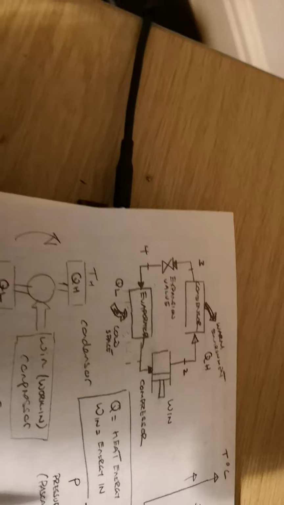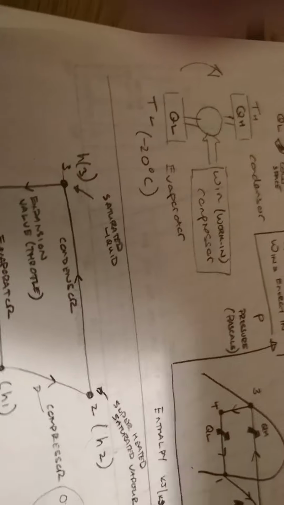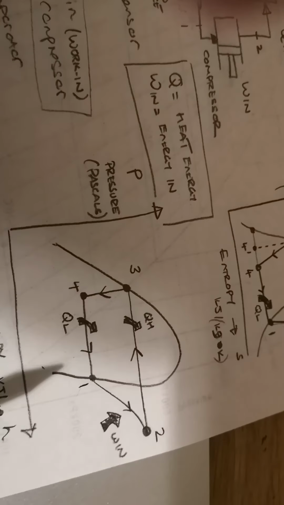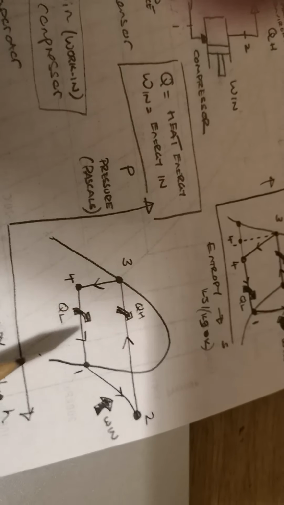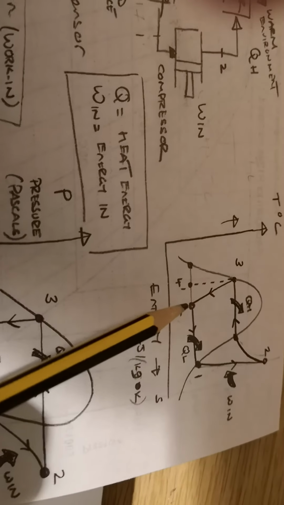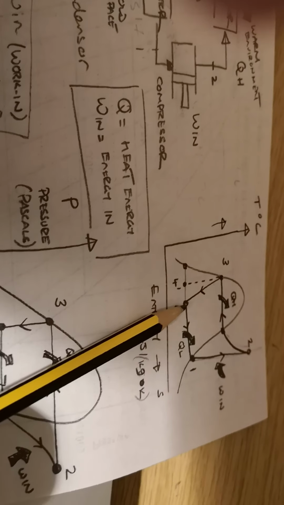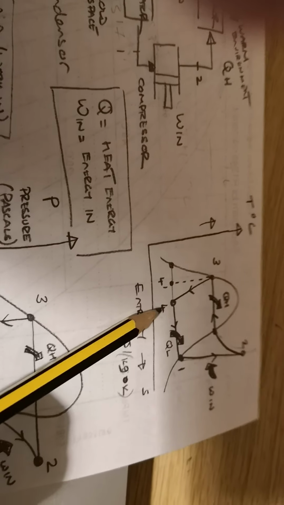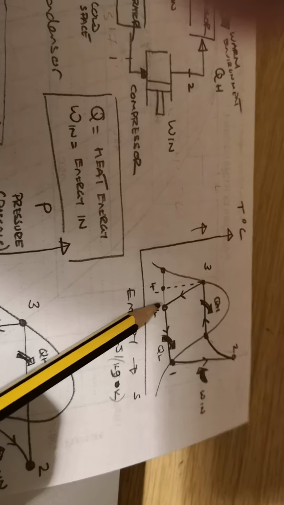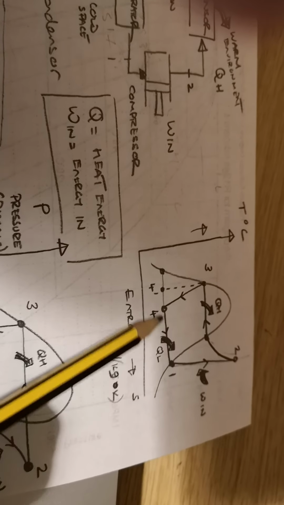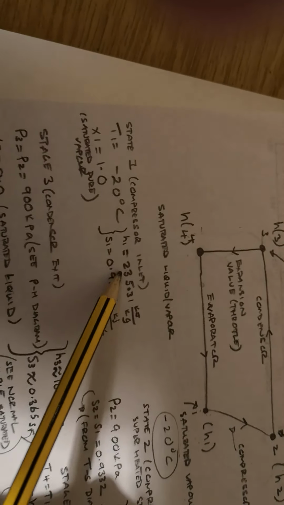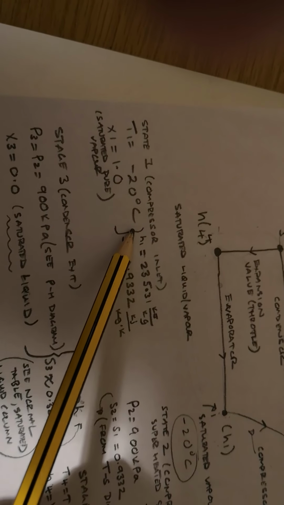The question says the temperature at the inlet of the evaporator is minus 20, so therefore the outlet is going to be the same. So the temperature at the compressor inlet is minus 20 degrees.